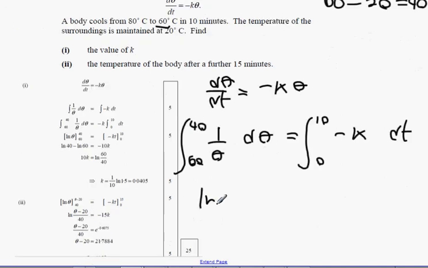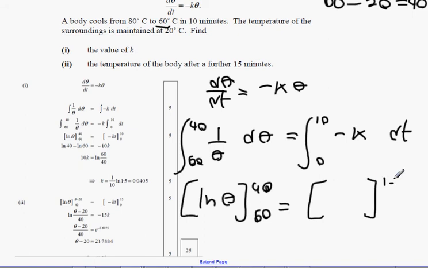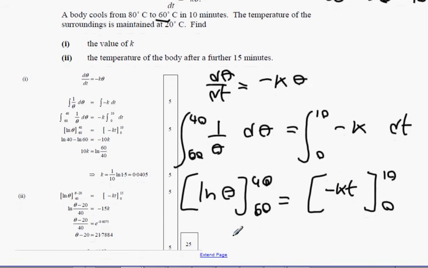So we're going to get ln theta from 40 to 60, okay, from 40 to 60. And then we're going to get minus kt, which is 10 to 0. Integrate both sides, we get ln 40 minus ln 60 equals minus 10k.